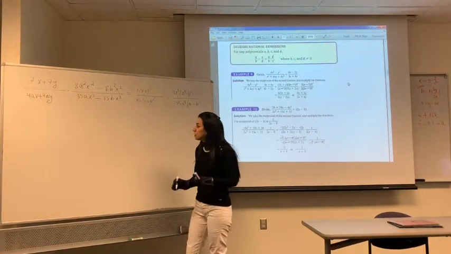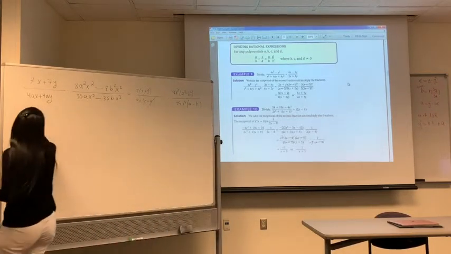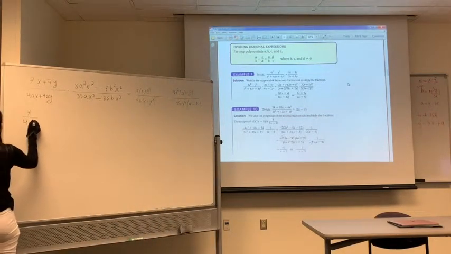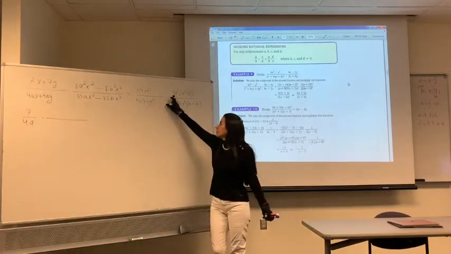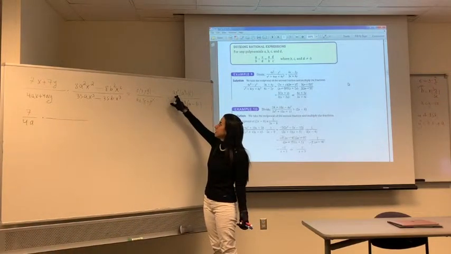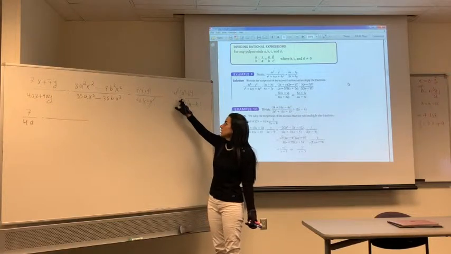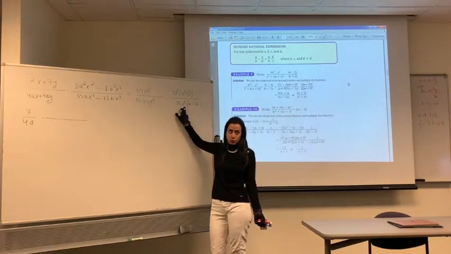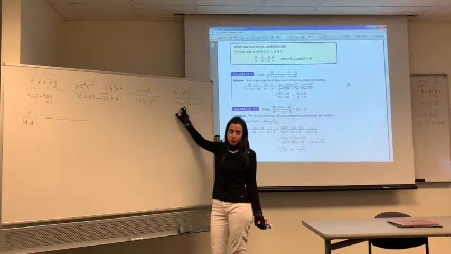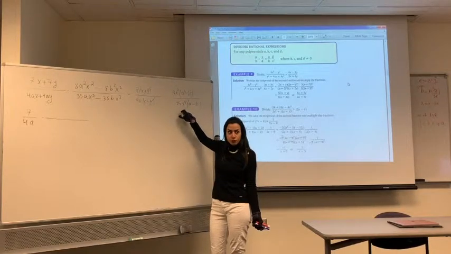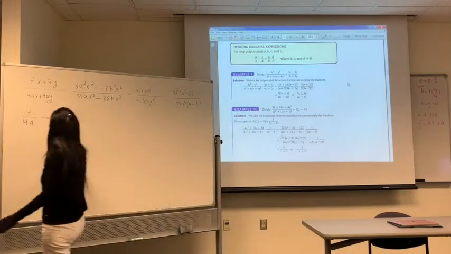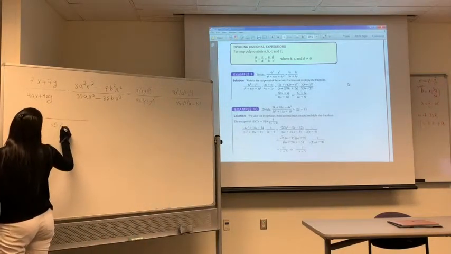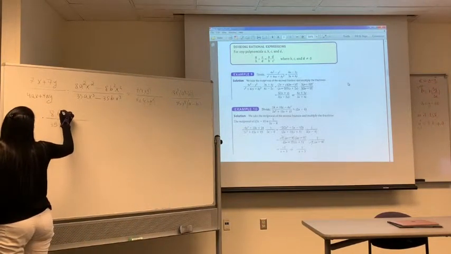So what remains? 7 divided by 4a remains, right? Yes. From here, let's cancel x squared with this x cubed. So then it's just x. 35x remains. And then here 8 remains, right?